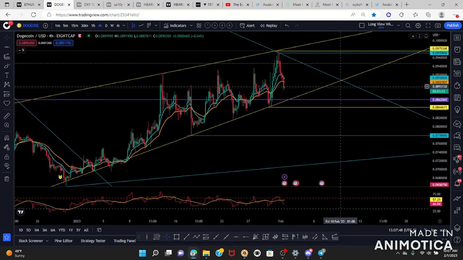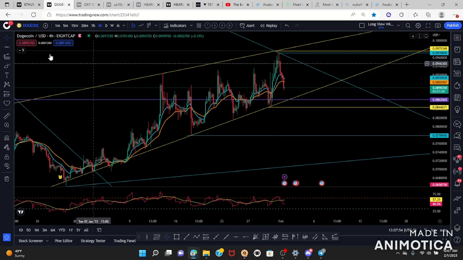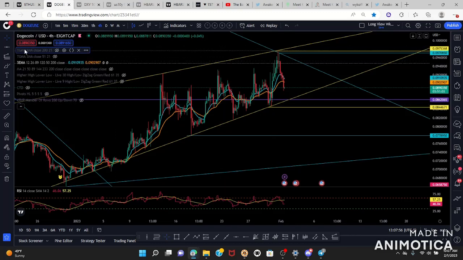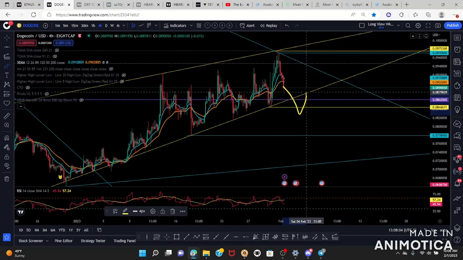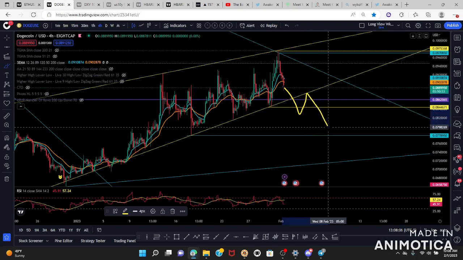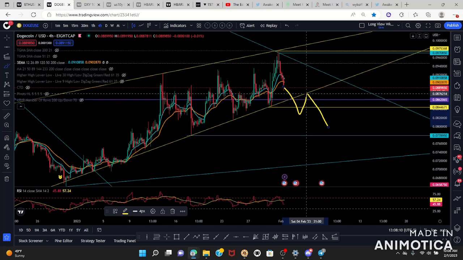So I want this 4 hour trend line to break. I want my 12 and my 26 EMAs to cross, and I want my higher low to break. So once this is broken and I see a retest and then it comes down, because this is my high, this will create a lower high.